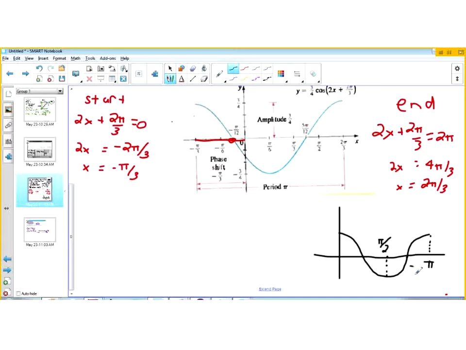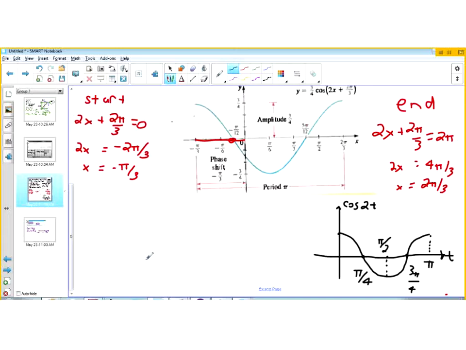So this would be 3 pi over 4 right there, one x-intercept. So this is cosine of 2t before we do the shift. All right, and then this would be pi over 4 right here. So the t-intercept is at pi over 4, and of course this is t equals 0.